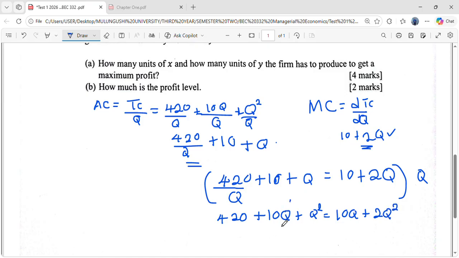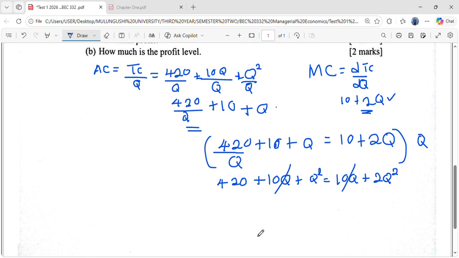The 10Q on both sides is positive, so they cancel out. So we remain with 420 equal to 2Q squared minus Q squared.